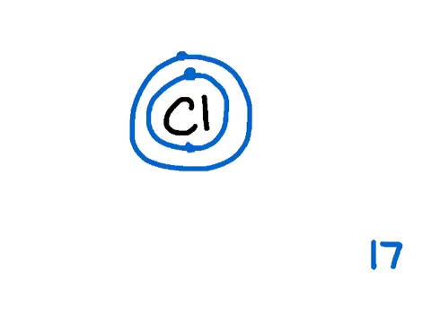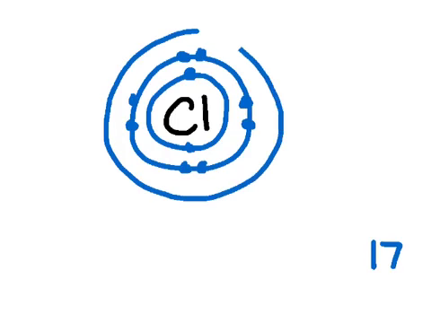On level 2, 3, 4, 5, 6, 7, 8, 9, 10, and then level 3, remember level 3 can also hold 8, 11, 12, 13, 14, 15, 16, and 17.